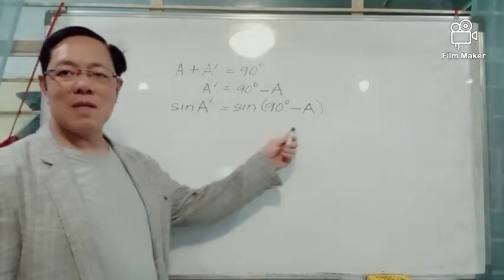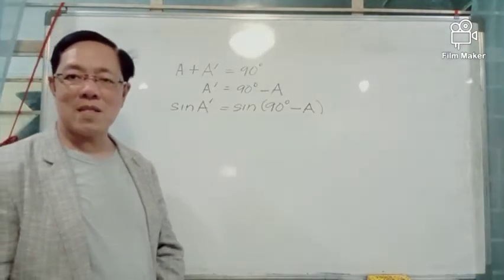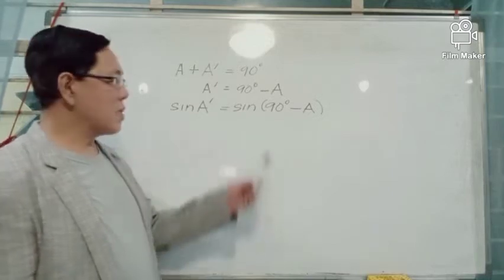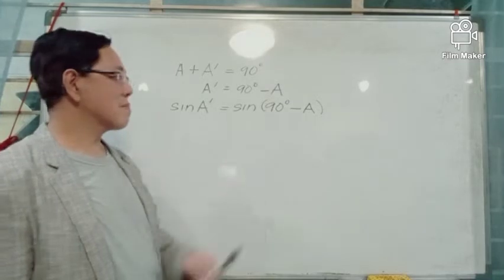We simplify the right-hand side using a trigonometric identity from plane trigonometry. The identity for the sine of the difference of two angles.